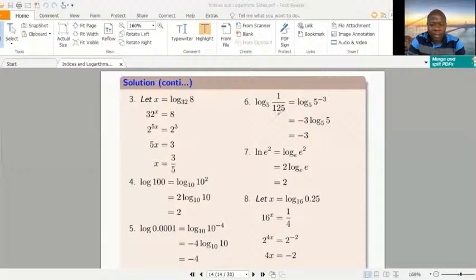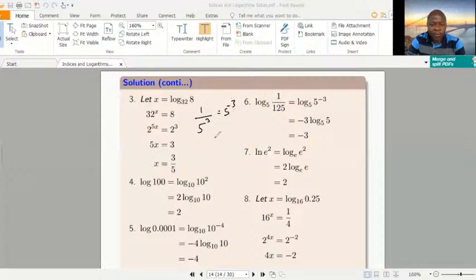Number 6, again, we will just think in the same way. I want to write 125 in terms of 5. And 125 is the same as 5 raised to 3. But what I have is not 125, it's 1 out of 125. So it's 1 out of 5 raised to 3, which can be written as 5 raised to negative 3.